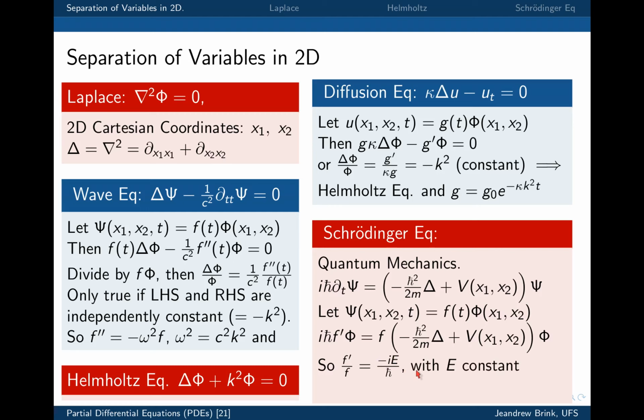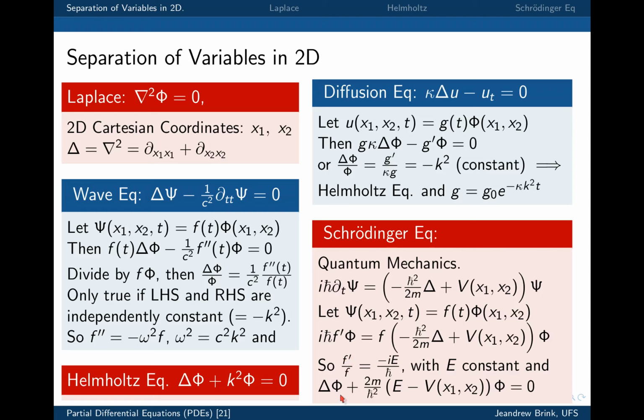And the spatial part equals that constant, where E is now a separation constant. Okay, and so the time dependence, once again, you can easily solve for f. This is just an exponential decay, much as in the heat equation, except now you have a complex time.